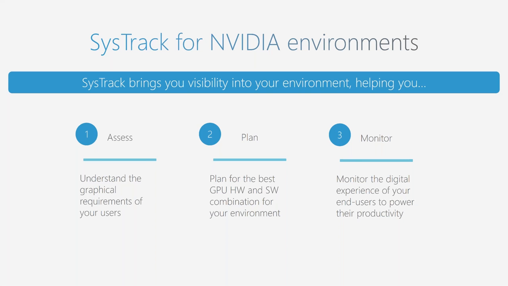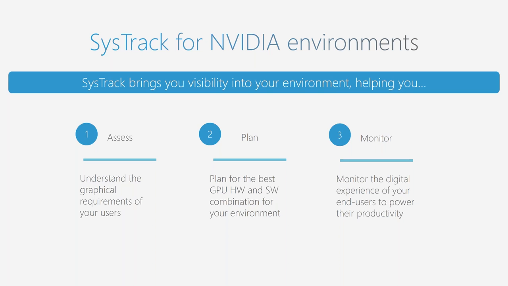First, assess your environment, right, to understand: is this new OS or application a smart move for my virtualized environment? Which users are the best or worst candidates for that move? What are the graphical needs within my environment for each end user persona, or end user group? Secondly, plan for that rollout.